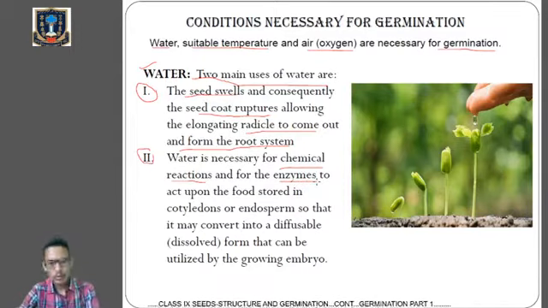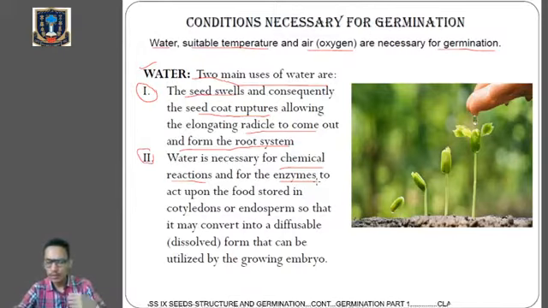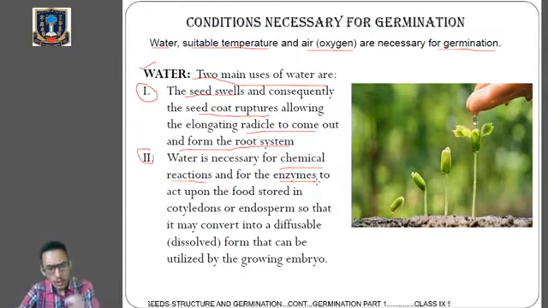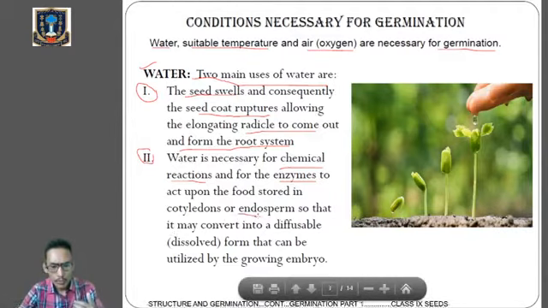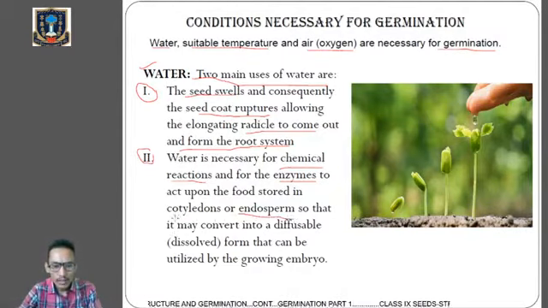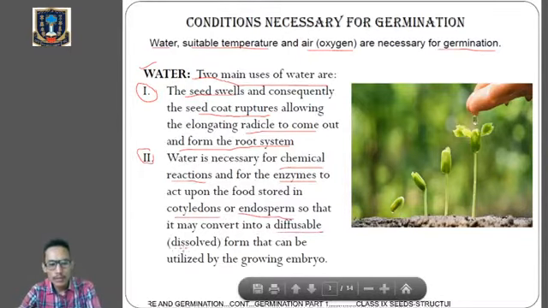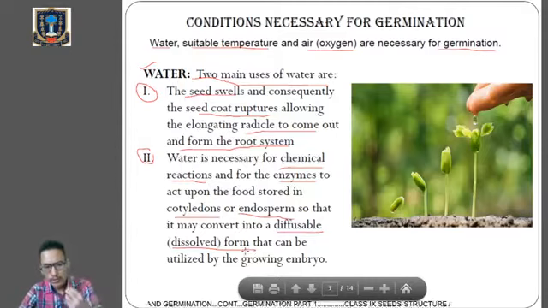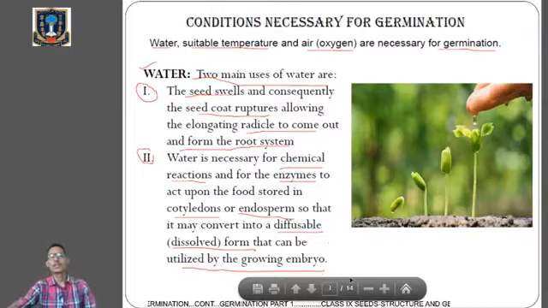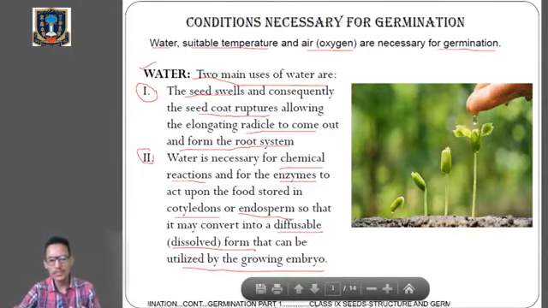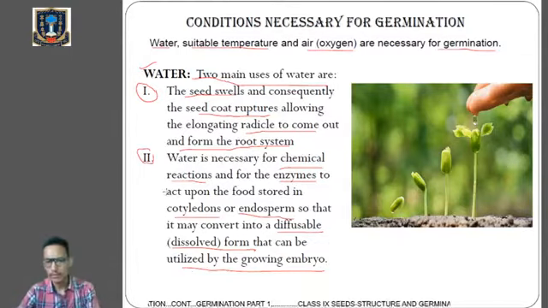So the water absorbed by the seeds is utilized to carry out different chemical reactions and for the activation of enzymes, so that the reserved food materials in the seed, in the form of endosperm or stored in the cotyledons, can be turned into a diffusible, dissolved form, and those dissolved food particles will be utilized by the growing embryo. Clear? So this is the significance of water for germination.